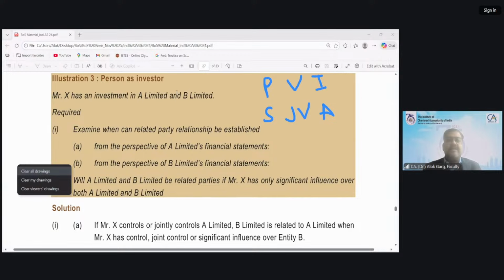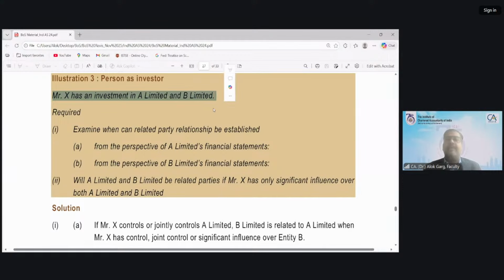Mr. X has an investment in A Limited and B Limited. Required: examine when a related party relationship can be established from the perspective of A Limited's financial statements and from the perspective of B Limited's financial statements. Means in the books of A and in the books of B, when can a related party be established between A and B?